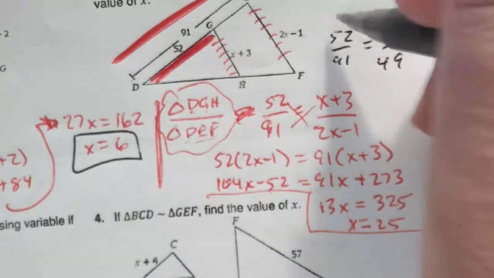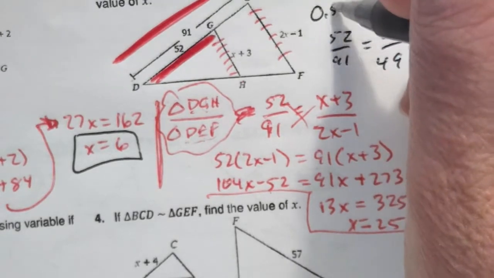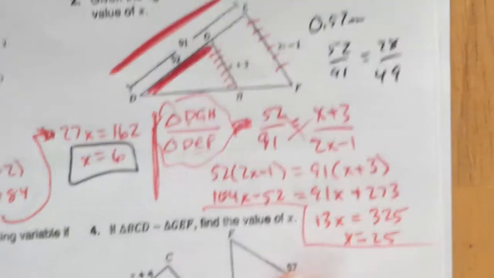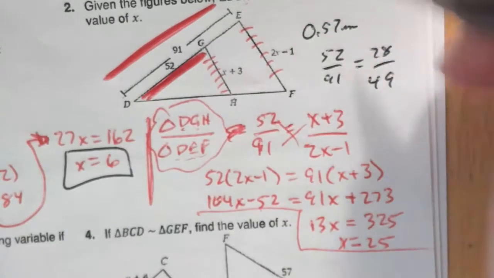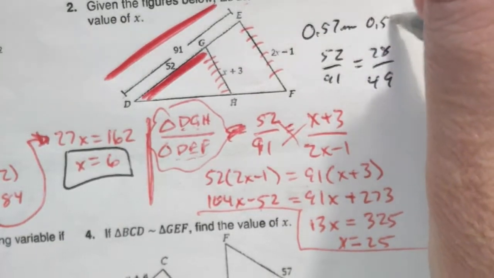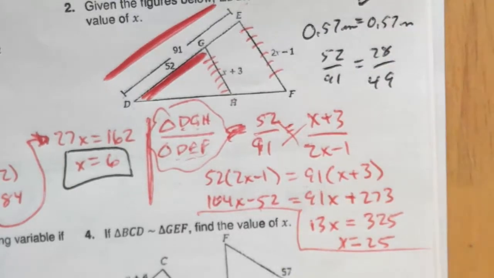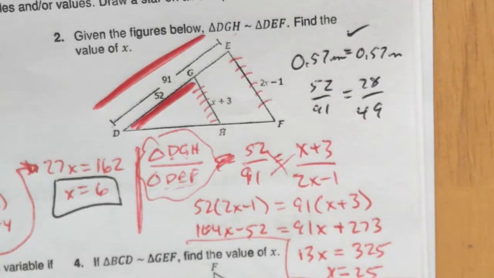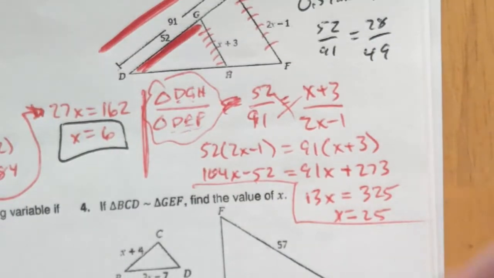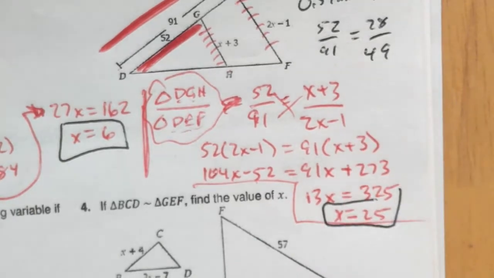I got this really weird decimal, 0.57 and so on, right? Okay, 28 divided by 49, and we also get 0.57 and so on. So I know those two are good. They are the same fraction. So I know that x does equal 25. That was my final answer.